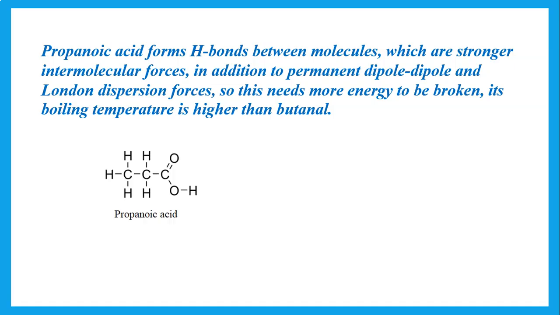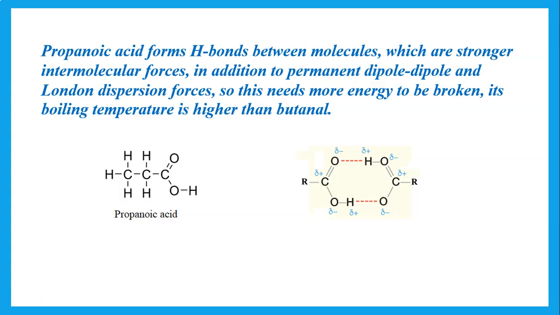Now, what about propanoic acid? Propanoic acid is an acid. It can form hydrogen bonds between its molecules. These are stronger intermolecular forces than the others. So it also has permanent dipole-dipole, and it has London dispersion forces. Remember, all of these simple molecules have London dispersion forces.